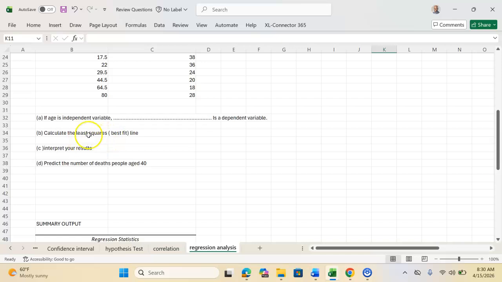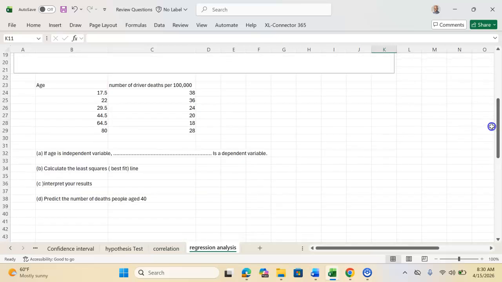So we have to do regression analysis in this case by using Excel. Let's work on this side. Our calculations are based on what we said, that deaths are a function of age, meaning that the number of deaths depends on the age.